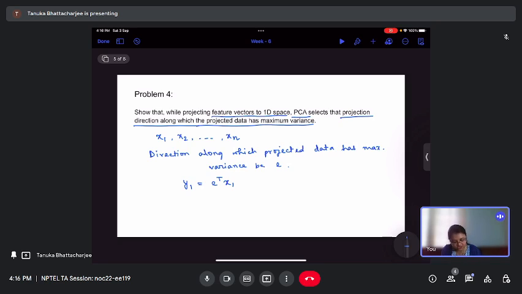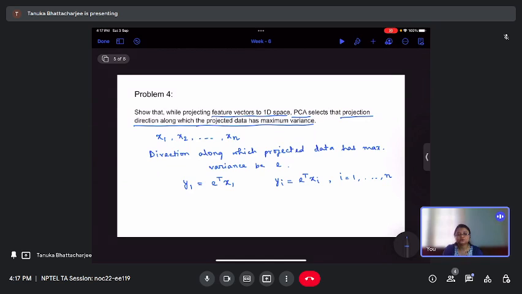So for any general xi, you will get yi, which is given by E transpose xi, where i equals 1 to n. These projected data in the 1D space are given by yi. The expression is E transpose xi.